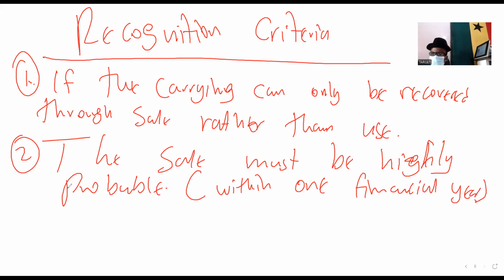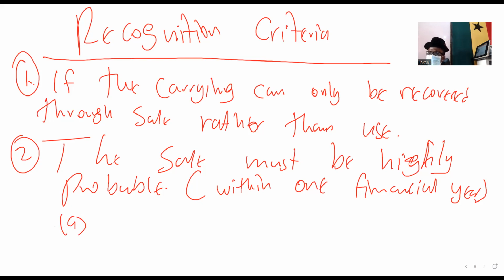But we have exceptions. We went further. How do you test for the second condition? There are a lot of ways of testing for the second condition. To prove further that this sale will take place within 1 year, the standard provides much more detailed information.